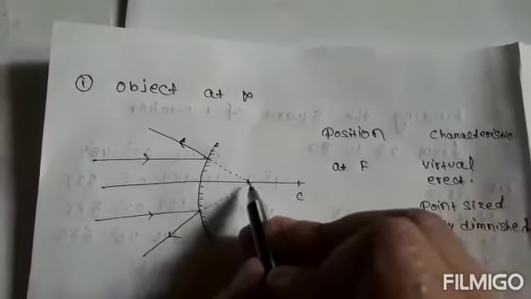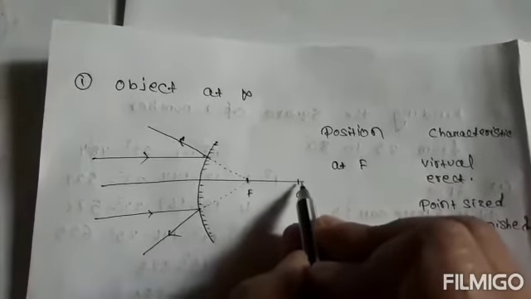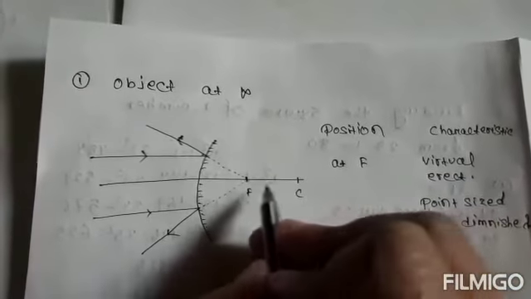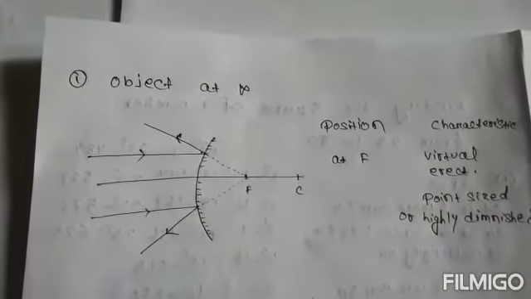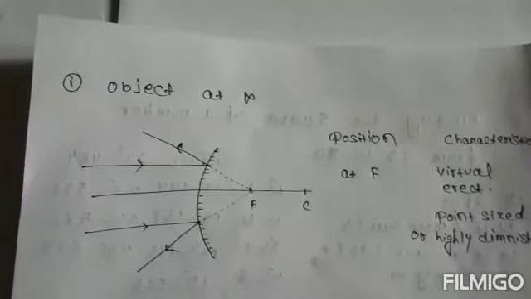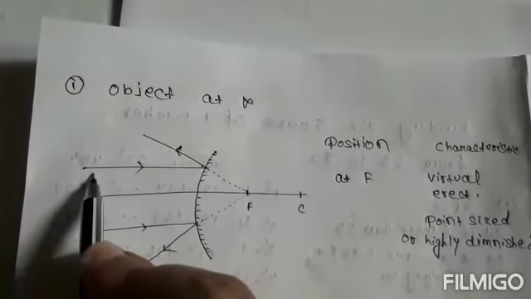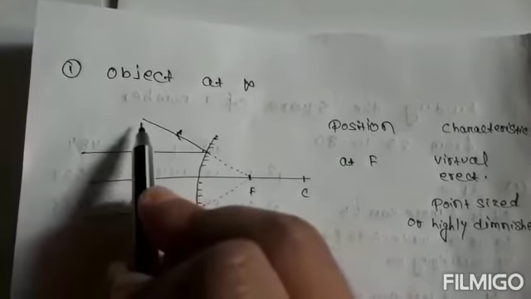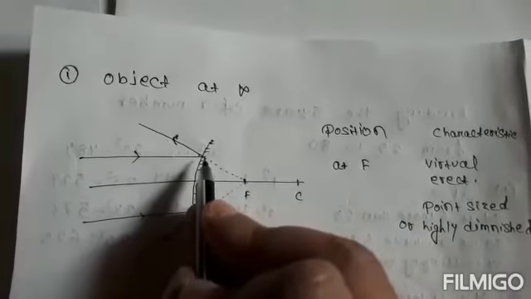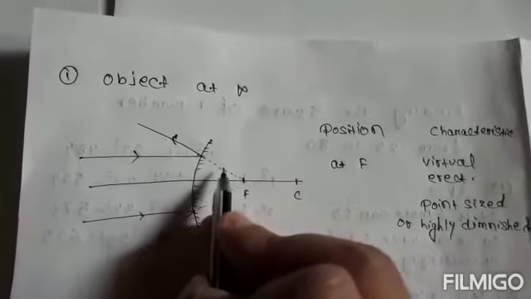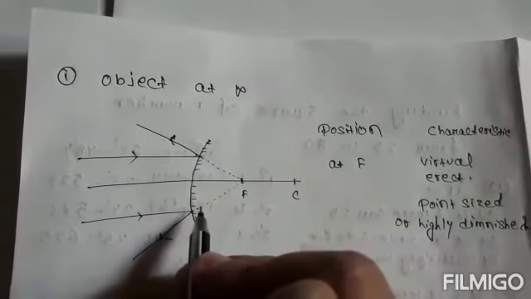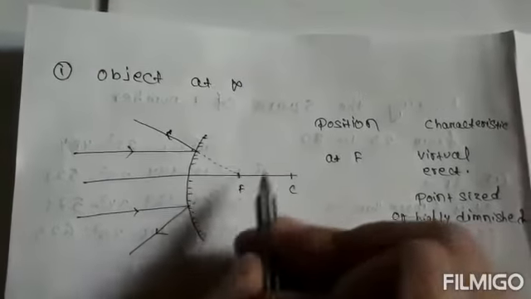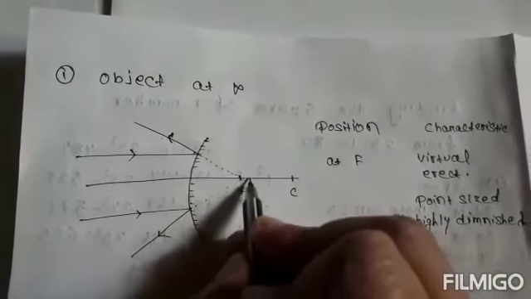So here this is the focus and center of curvature situated behind the mirror. When a ray of light is parallel to the principal axis, then after reflection it diverges like this. If we extend these reflected rays behind the mirror, then they pass through the focus like this. So two rays meet at focus.